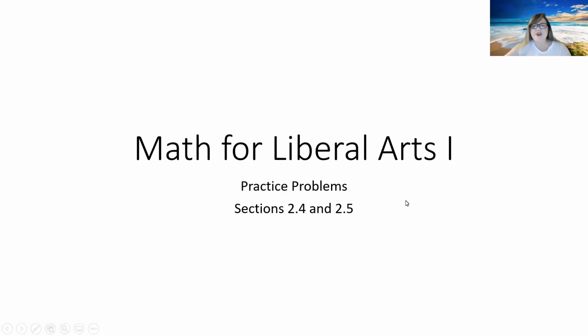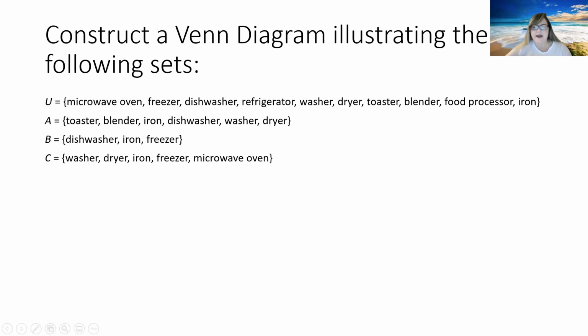All right, let's look at constructing a Venn diagram given this group of sets that we have here. Our universe is defined by the top line. And then A, B, and C, we want to plot these on a Venn diagram. So let's start by looking at what they have in common.